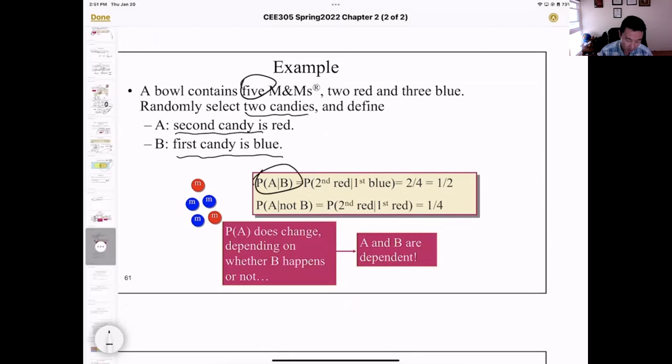B is the first candy is blue. So we get blue already, and for the second pick, we have 2 blue and 2 red remaining. So the probability that the second candy is red, given the first pick is blue, will be 2/4, right? We have 2 red out of the 4 candies. So 2/4, that's 50%.